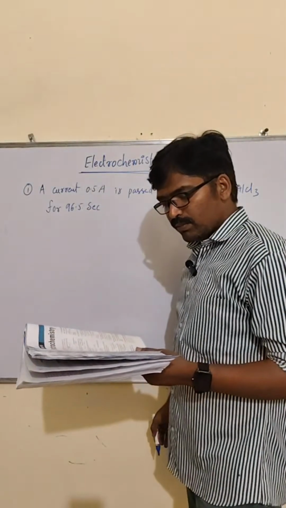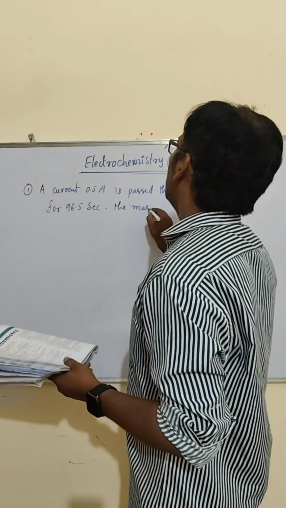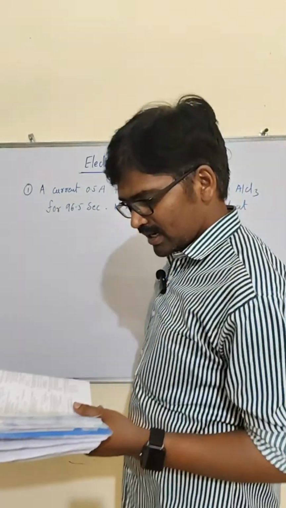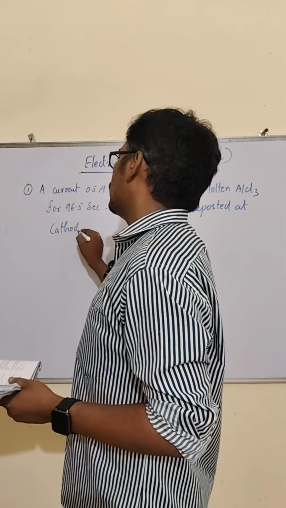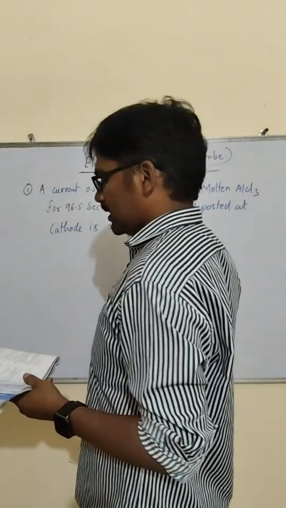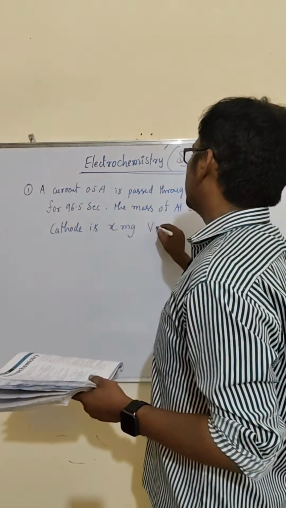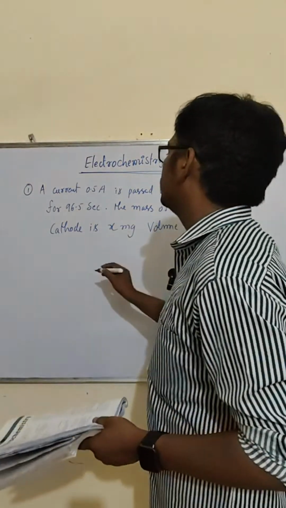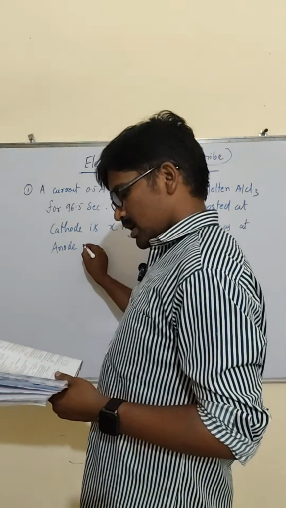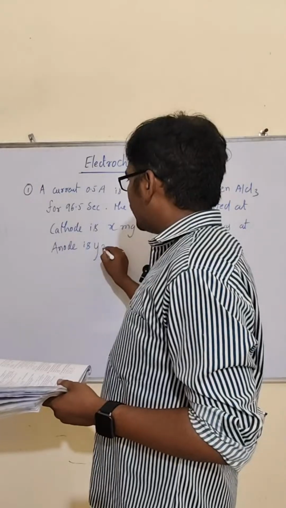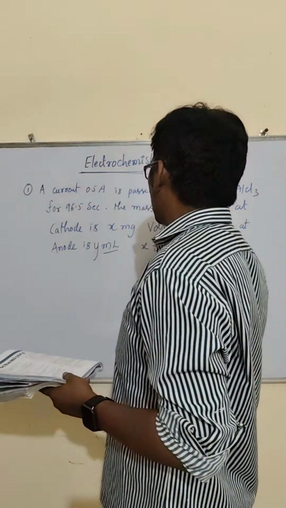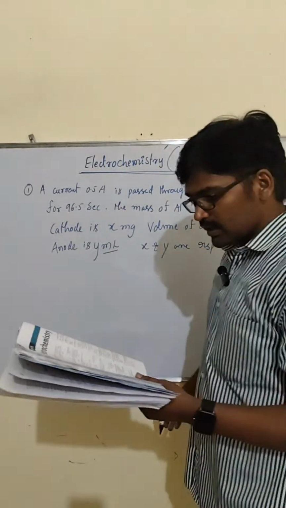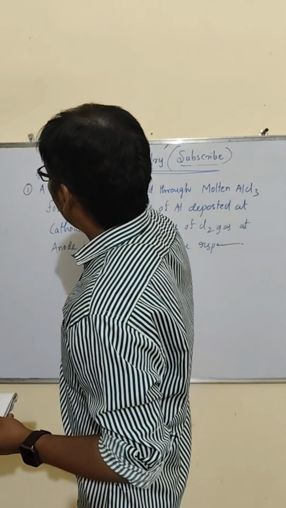The mass of aluminum deposited at the cathode is x milligrams. The volume of Cl2 gas at the anode is y mL. X and Y are respectively. This is the question. This question was asked in the 2025 May 4th exam.